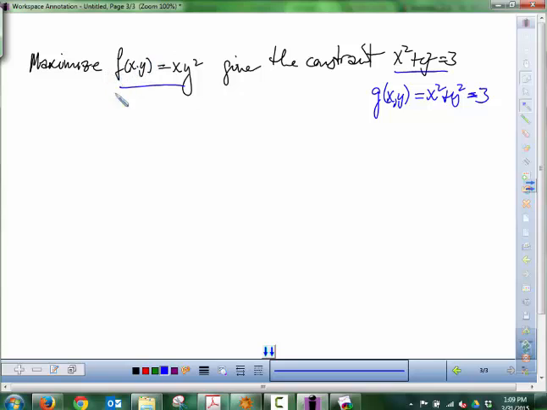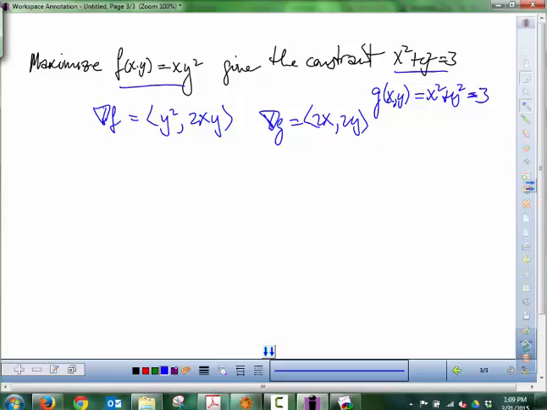First, let's find our gradient. So let's take grad f, which is going to be y squared, 2xy. 2-dimensional vector, right? Function of 2 variables. Grad g is 2x, 2y.